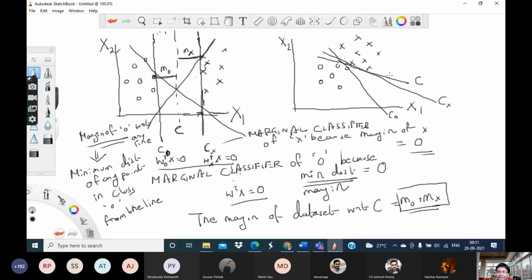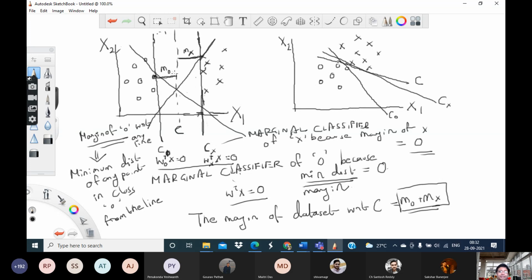Now, if you consider any arbitrary linear separator or any arbitrary hyperplane which separates the two classes in this case and in this case, by definition both of them will have some margin.